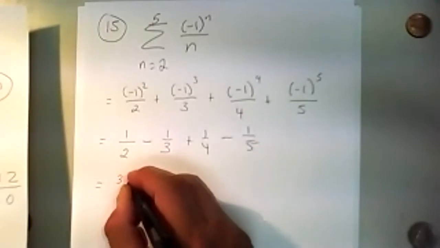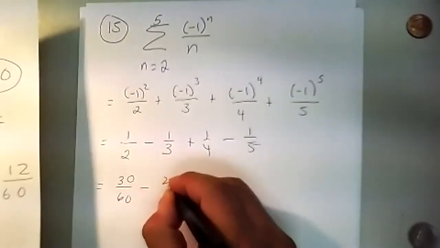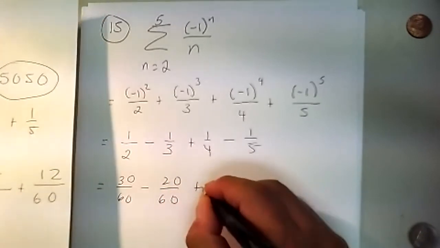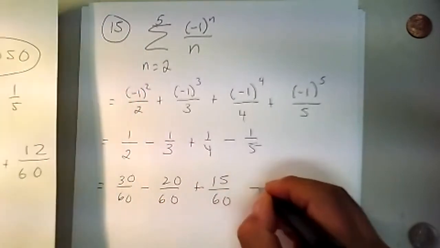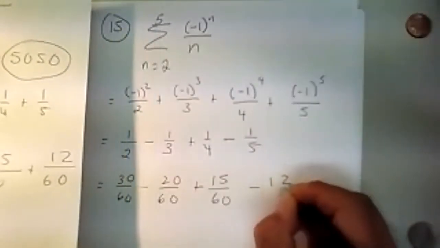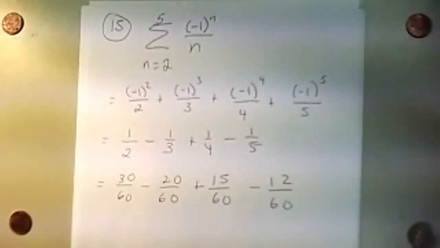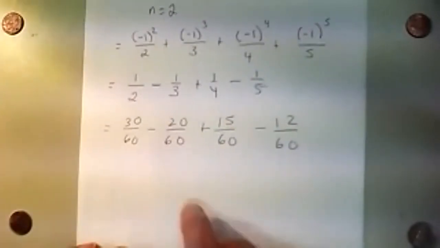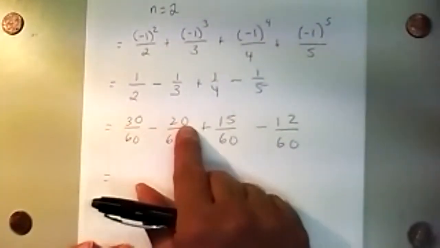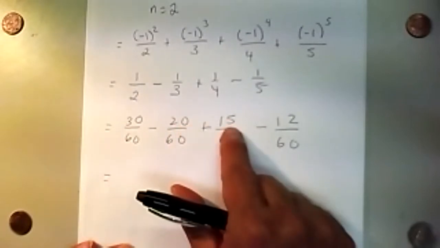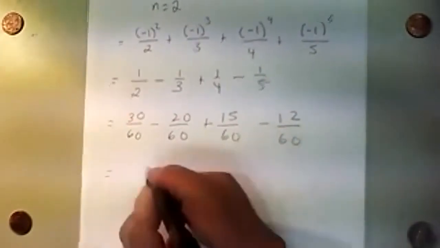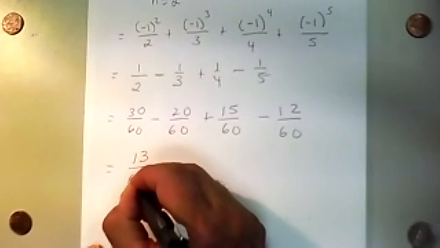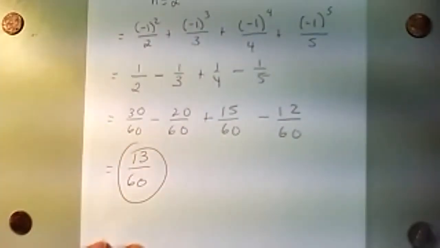So this is really 30 over 60 minus 20 over 60 plus 15 over 60 minus 12 over 60. So I'm using the same numbers and putting negatives where appropriate. And then we figure this out. 30 minus 20, 10, plus 15, 25, minus 12, 13. So the final answer is 13 over 60, and that's it.